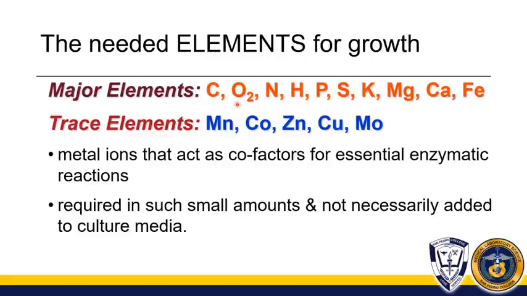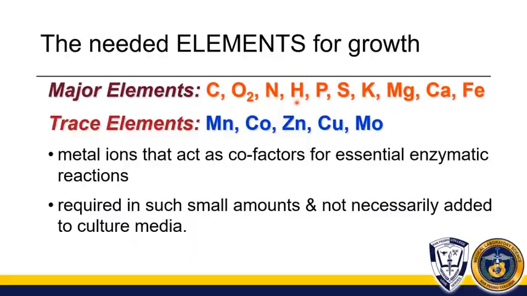Oxygen is about 20%. As we all know, oxygen is an electron acceptor in aerobic respiration. Nitrogen is about 14% of a bacterium's dry weight. It's a constituent of amino acids, nucleic acids, nucleotides, and coenzymes. Hydrogen, about 8%.